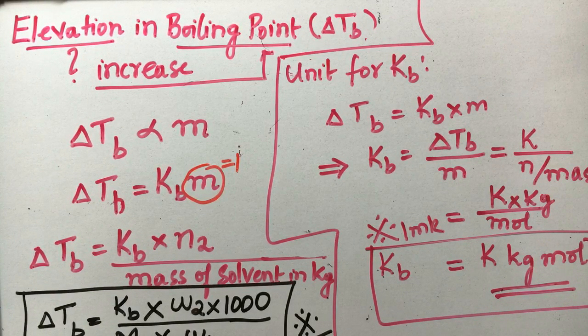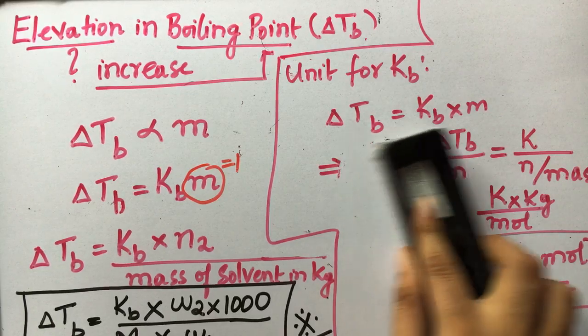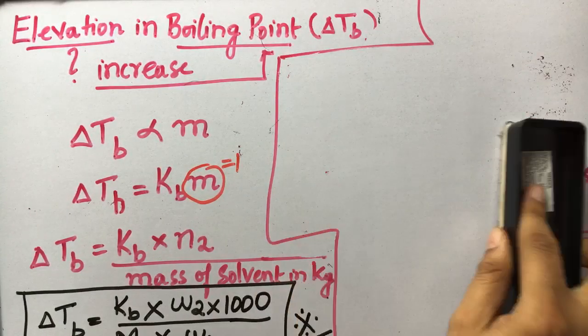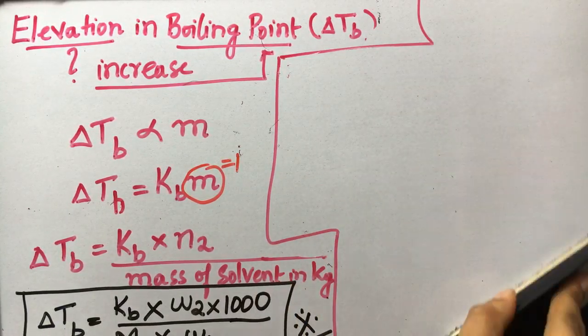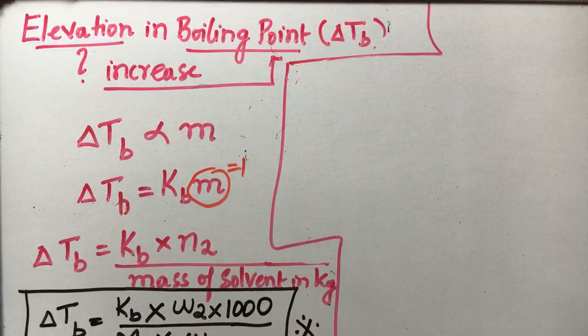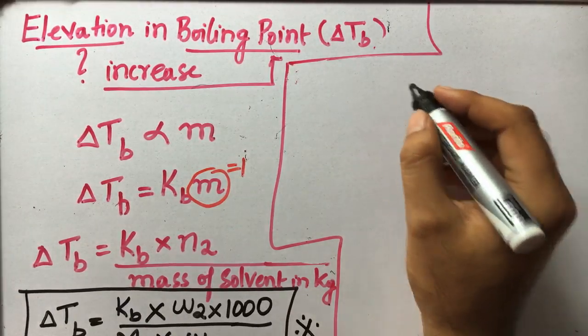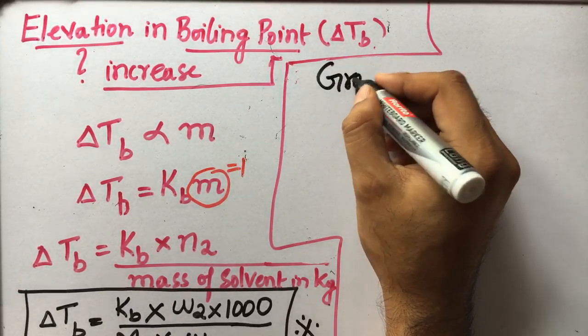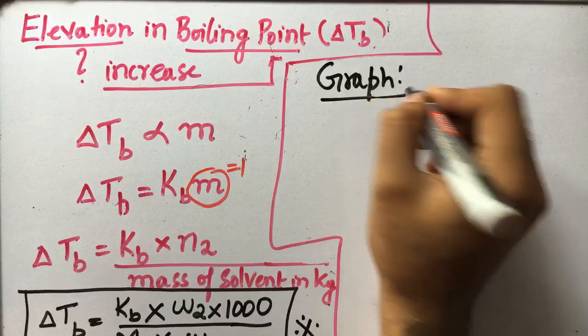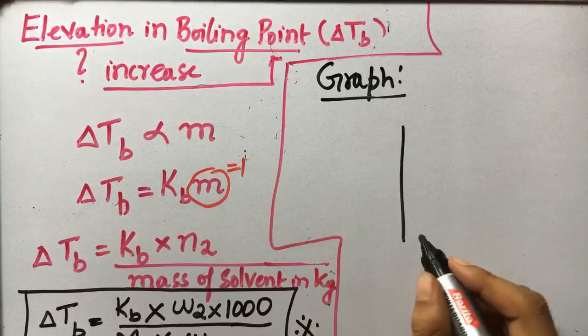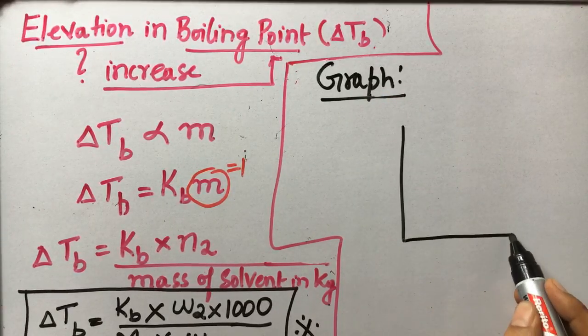Now we have to look into the graph. Let us see that we are plotting the graph of vapor pressure versus temperature.